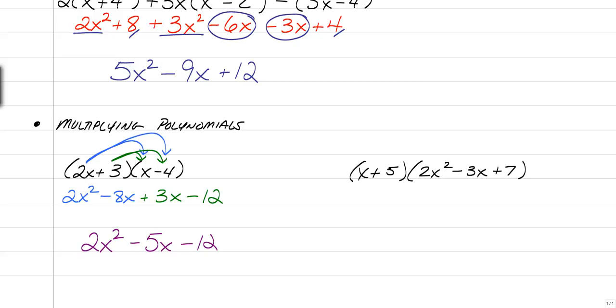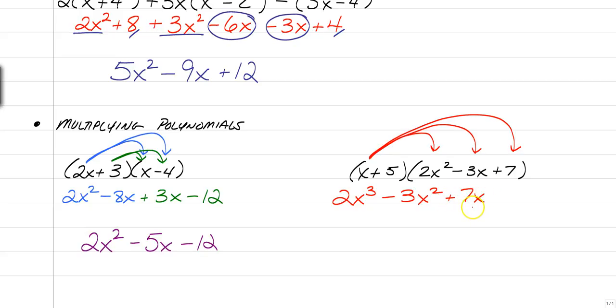All right, so in the next example, we're going to distribute the x to all 3 terms. So x times 2x is going to give us 2x cubed. X times a negative 3x is going to give us a negative 3x squared. And x times 7 is going to give us 7x.